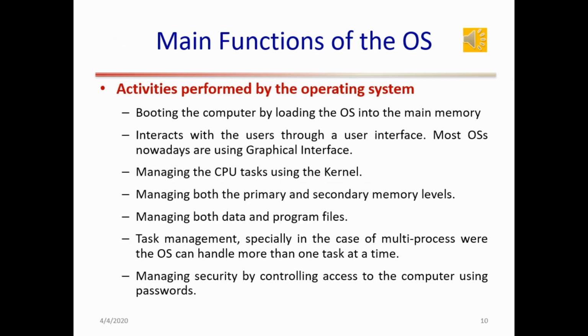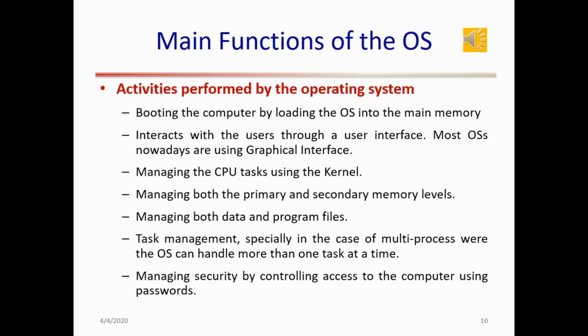As we mentioned before, the operating system is the most important software in your computer. This is because it has a lot of crucial or fundamental functions to be performed. Among these functions, the operating system is responsible for booting and starting up your computer, managing the hardware like the CPU and the primary and secondary storage devices.